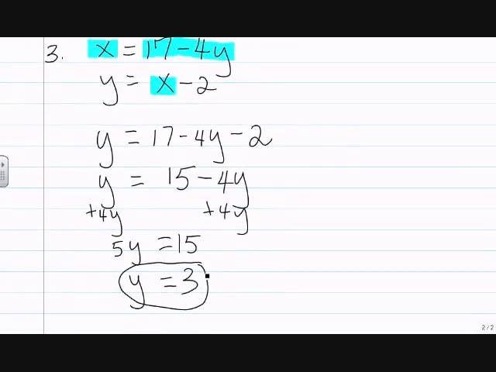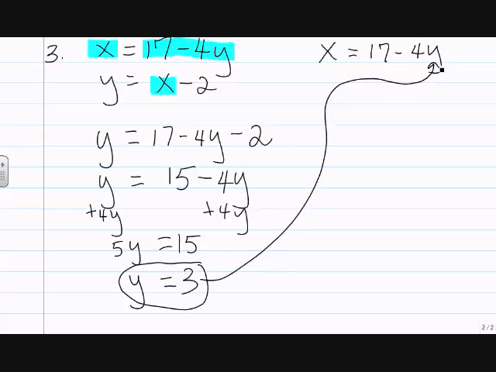I take that 3 and I substitute it back into the other equation. x equals 17 minus 4y. Wherever I see a y, I'm going to put a 3. So x is 17 minus 4 times 3.